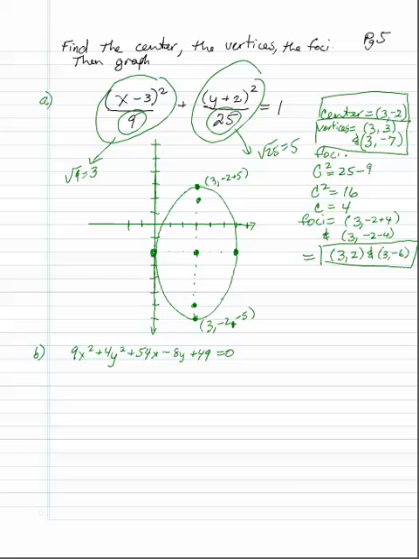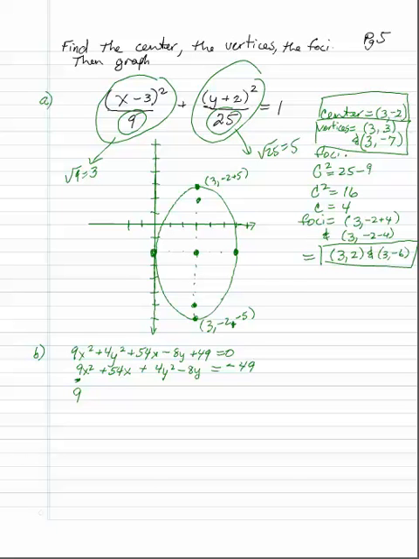Okay, let's look at one where you have to complete the square. So what you do is put the 9x squared plus 54x plus 4y squared minus 8y. We'll put the 49 on the other side, so it becomes negative 49. Now what you have to do is factor out the coefficient of the squares from the square term and then its linear term.